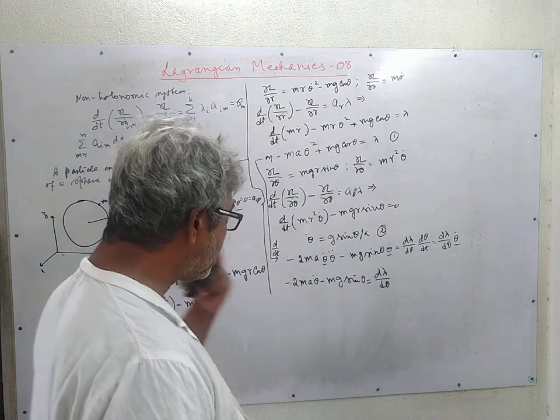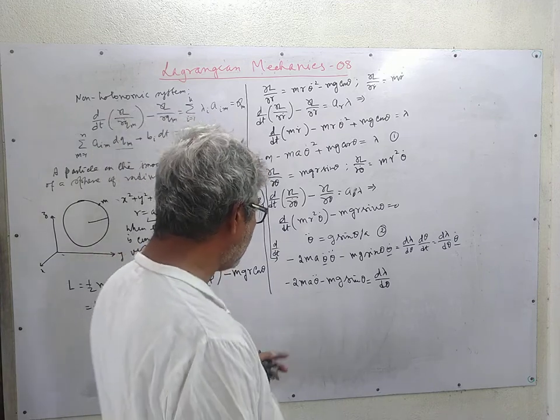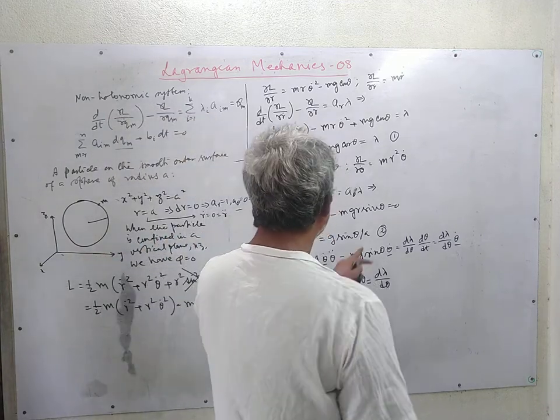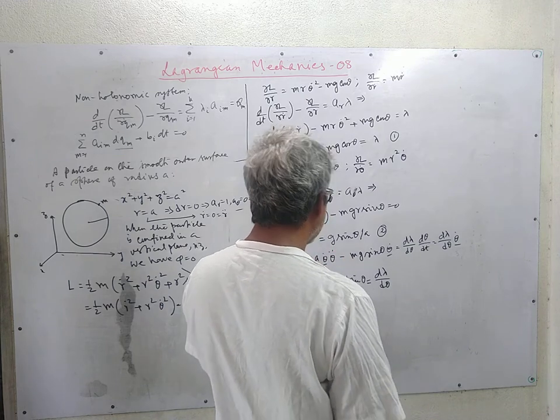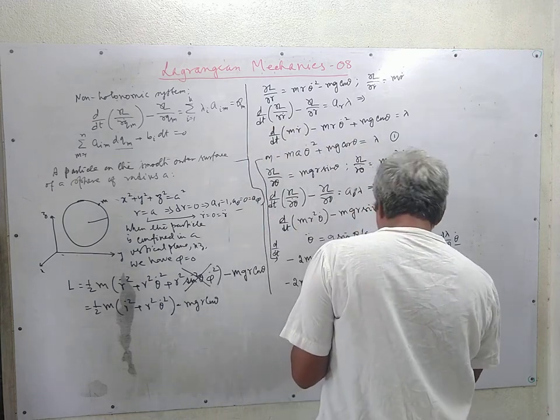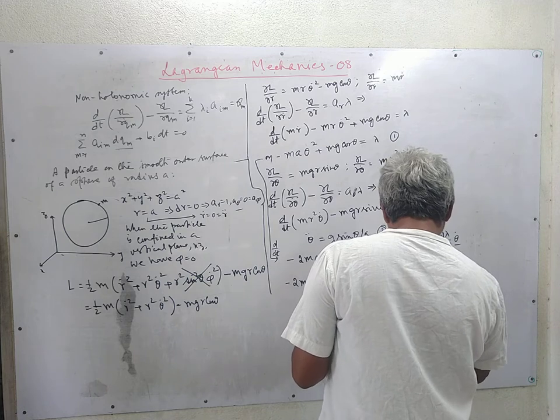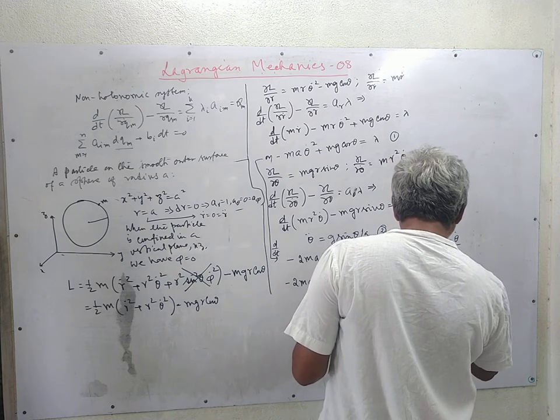If we put the value of θ̈ from this equation, aθ̈ is equal to g sin θ, so this becomes minus 3mg sin θ.